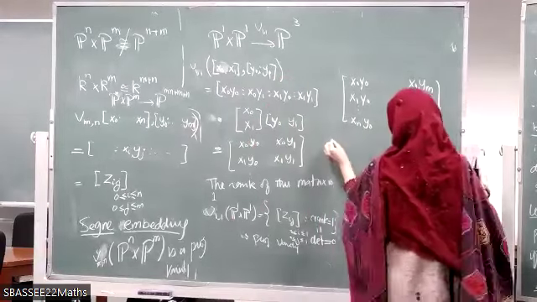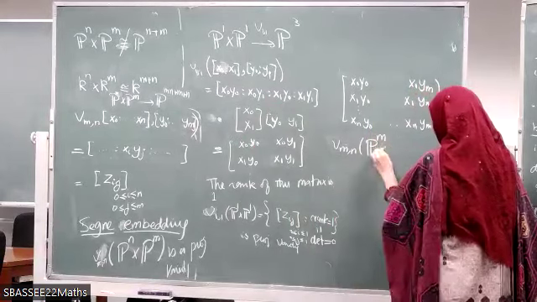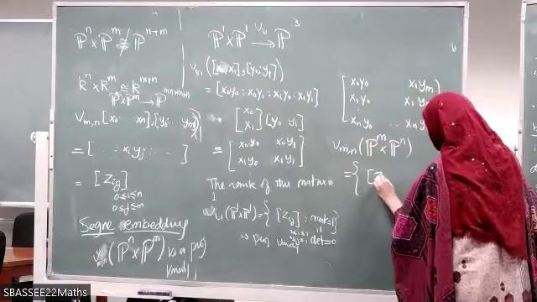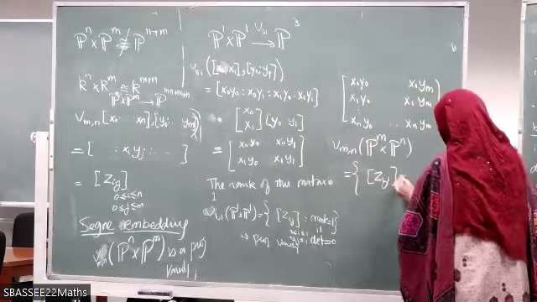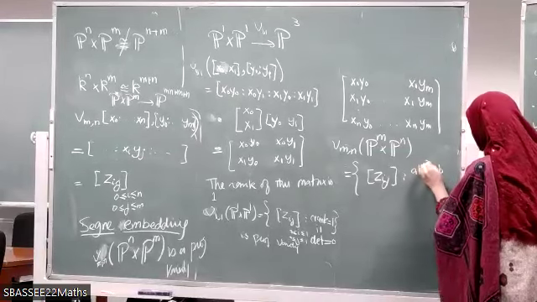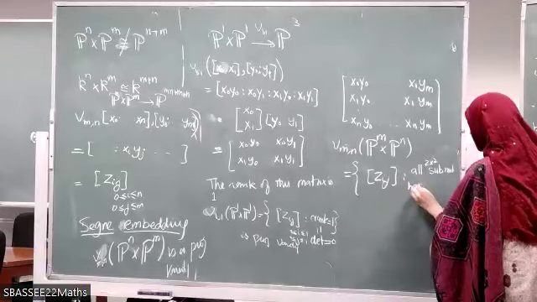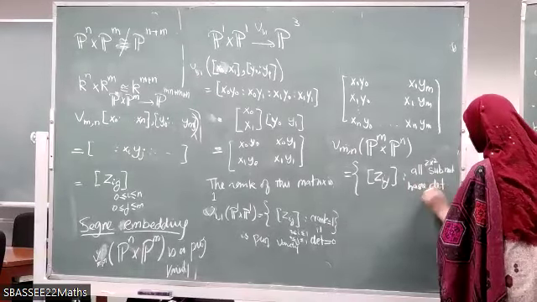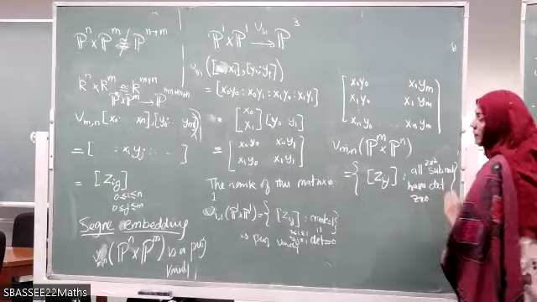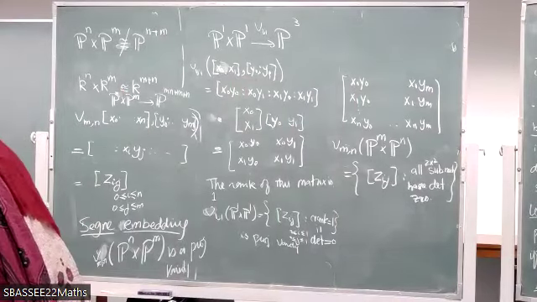So this means that in general, when you are talking about this image, you are picking all those matrices such that all 2 by 2 submatrices have determinant 0. So that's why it is a projective variety.